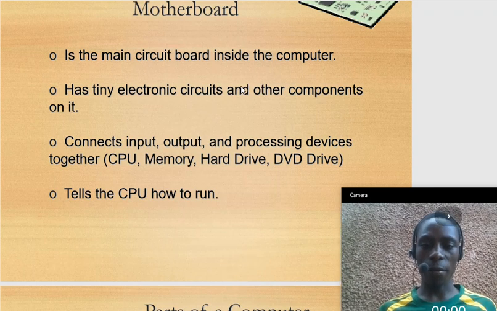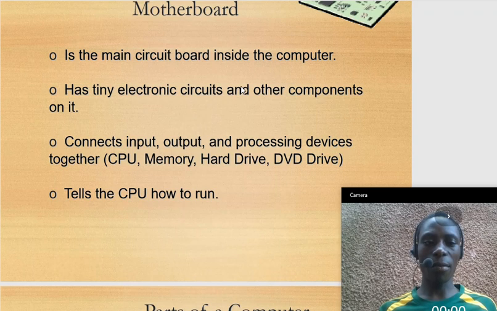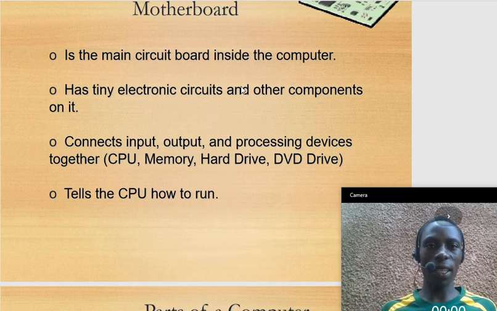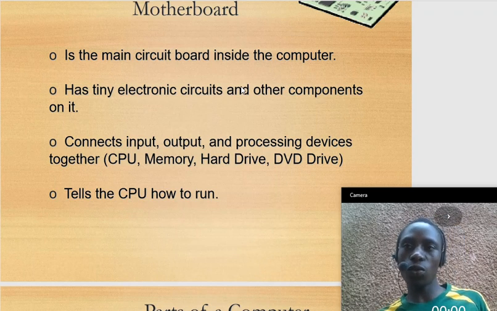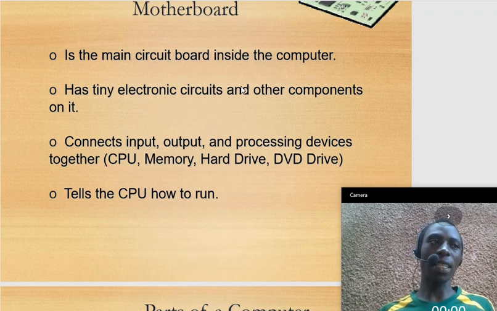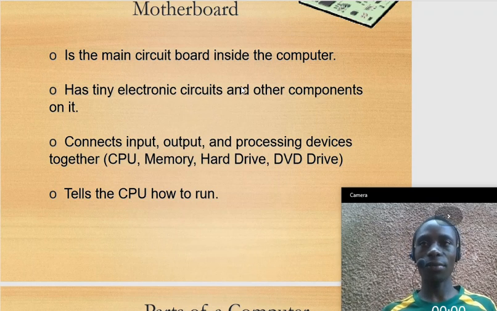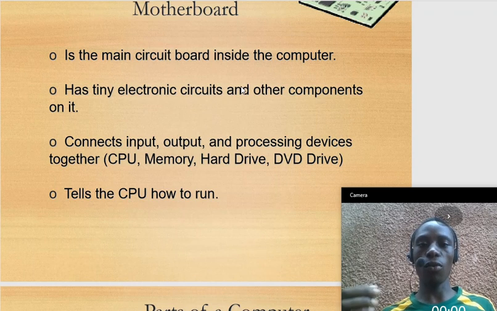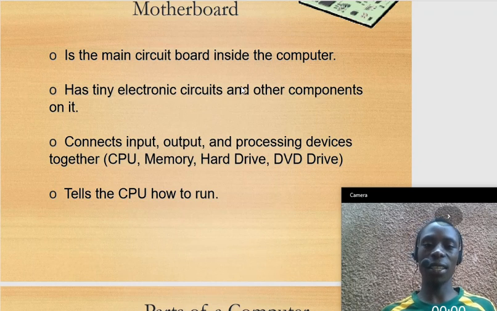The motherboard tells the central processing unit how to run, because each and every part in the computer first goes through and communicates to the processor. It first asks the processor whether to perform a task.